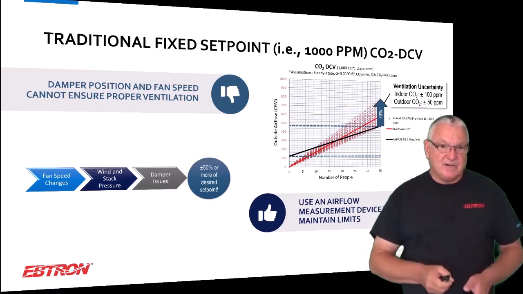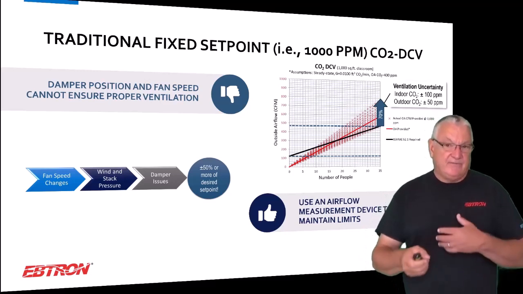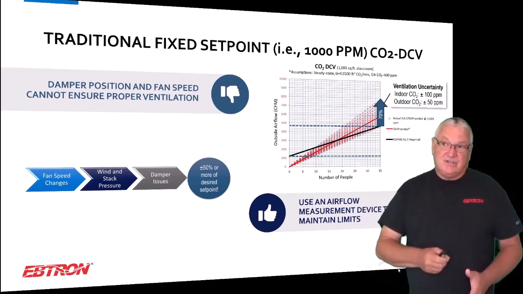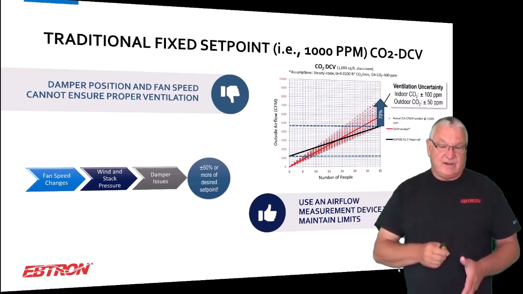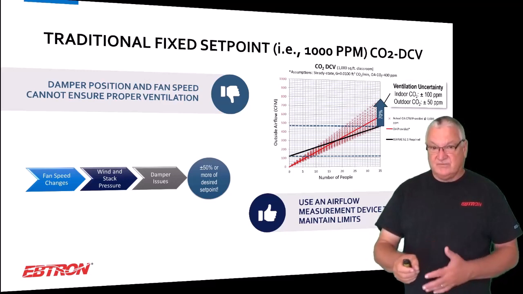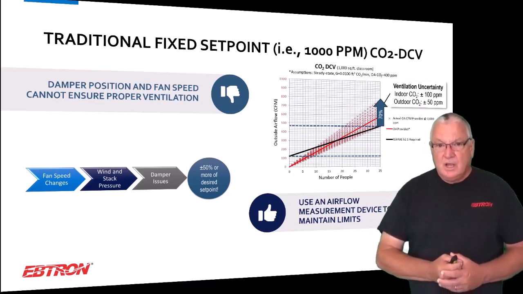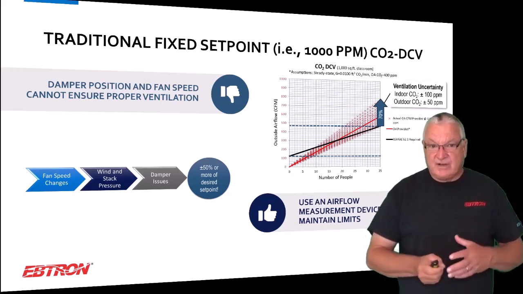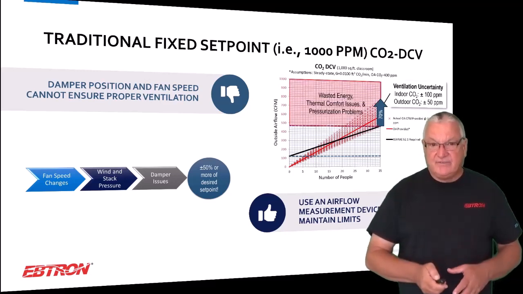With dampers, stack pressure, wind pressure, and variable speed fans, and this is not just recirculating systems with variable speed fans, it can be DOAS serving multiple ventilation zones, you're going to have fluctuations of your outdoor air that easily exceed 50%.